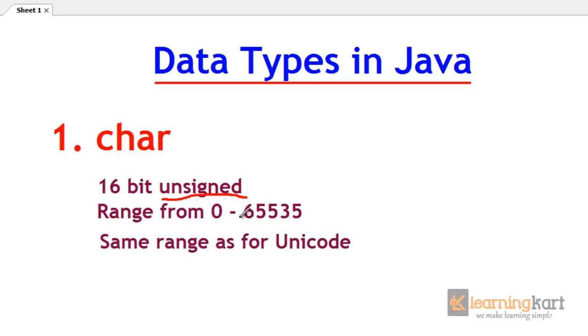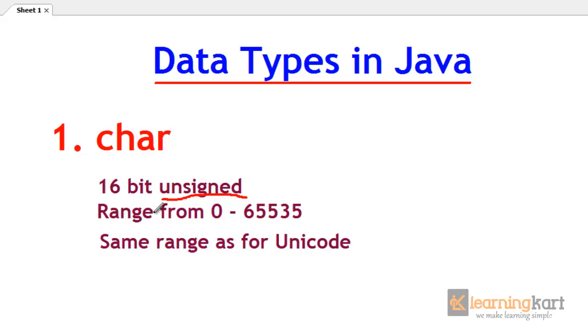So the values for a char correspond to the values for a Unicode set of characters, and accordingly we have the same representation for characters as those for the Unicode characters. So we'll shortly see how we can represent a char, but as of now we can see that this is a 16-bit unsigned variable.